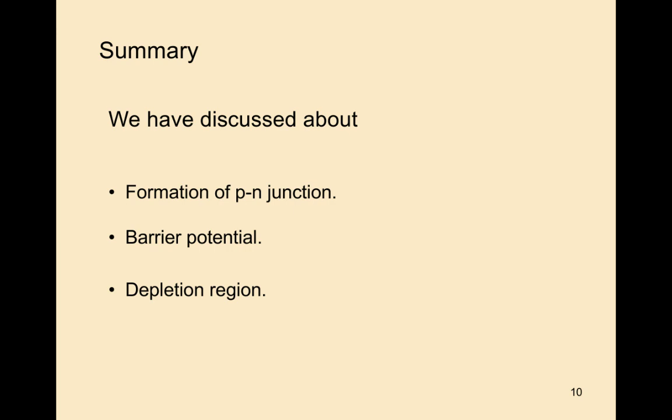By adding these two, the charge carriers diffuse towards each other: electrons move towards the p side, holes from the p side move towards the n side. In this way the recombination takes place.